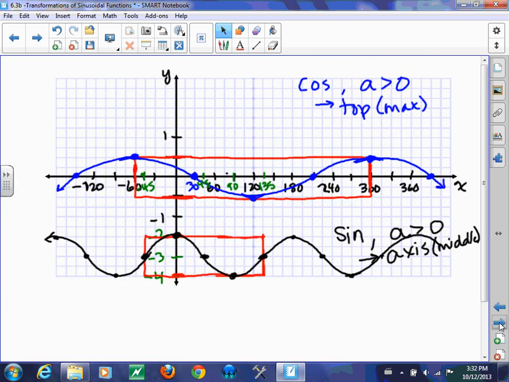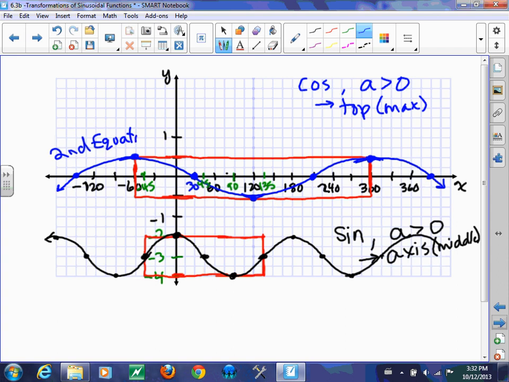All right, so taking a look at the second graph, this is my second equation. This is y equals 1/2 cos(x + 60 degrees).